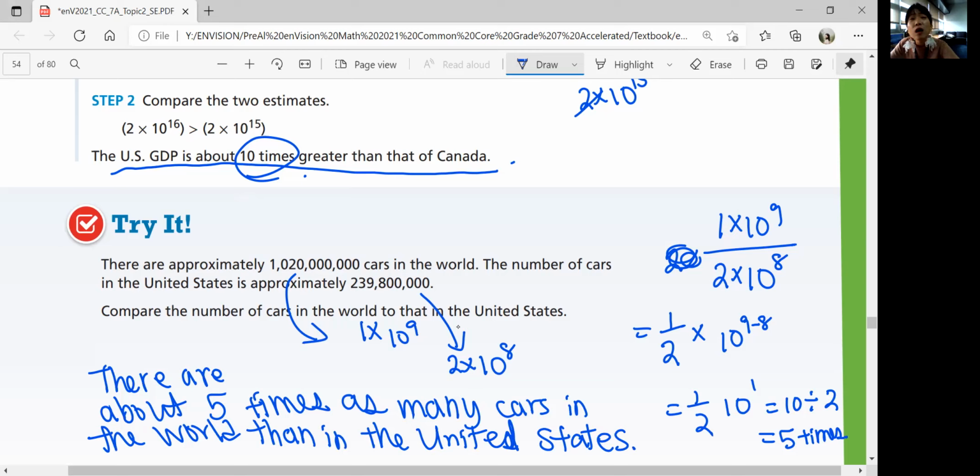And if you total the number of cars in the world, and that's only 5 times as many cars as in the United States, that means the United States overruns so many other countries combined in the number of cars, right? Yeah, so if you ever lived in the United States, you really need a car, unless you're living in a big city.